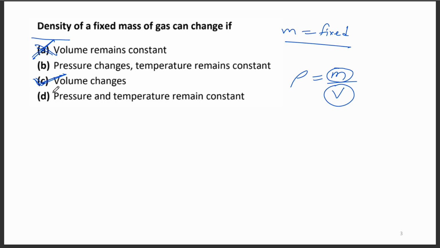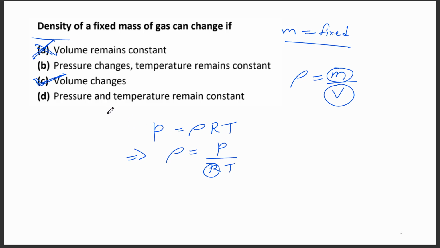Options B and D talk about pressure and temperature, but in this equation there is no pressure and temperature. So let's assume that the gas is a perfect gas. For a perfect gas, what is the equation? P equal to rho RT. So how can rho be written? Rho can be written as P upon RT, where R is constant.